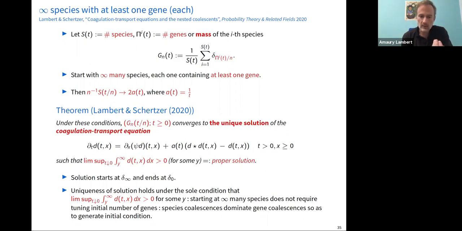And it means that starting at infinitely many species does not require to tune the initial number of genes, and that species coalescences dominate the gene coalescences so as to generate some kind of universal initial condition.